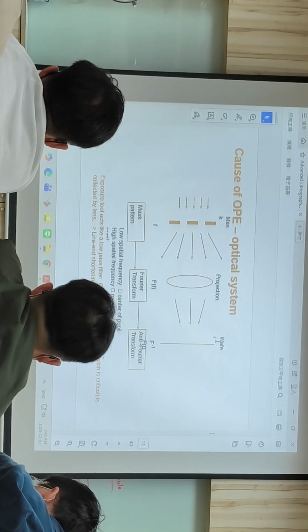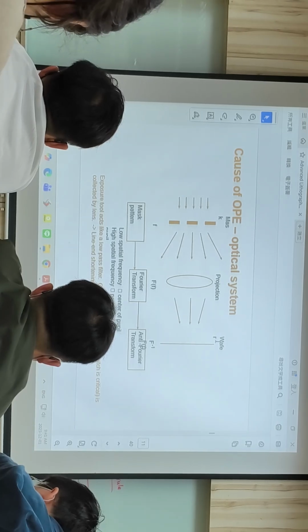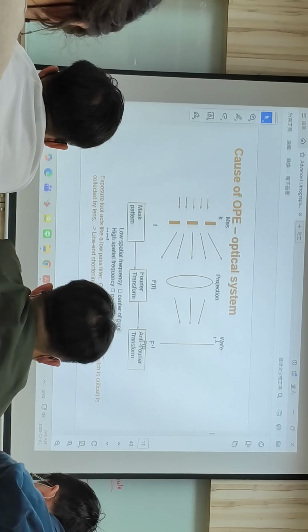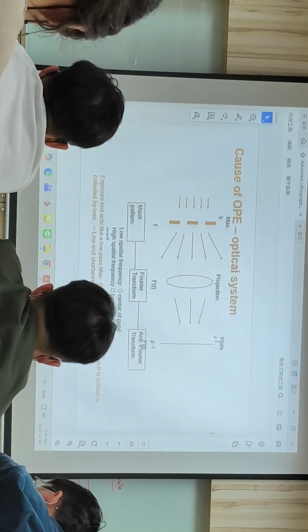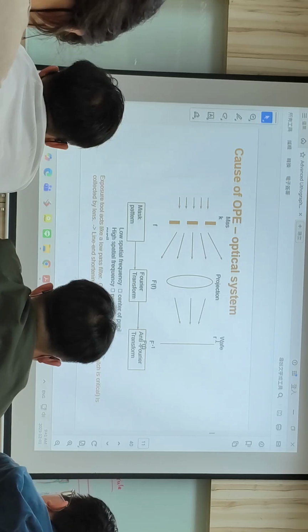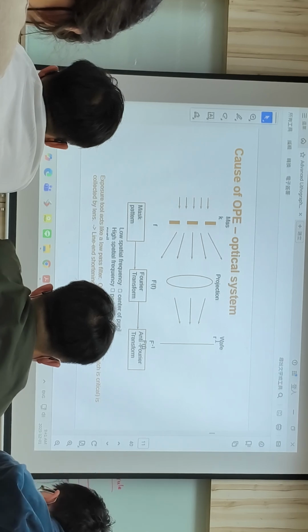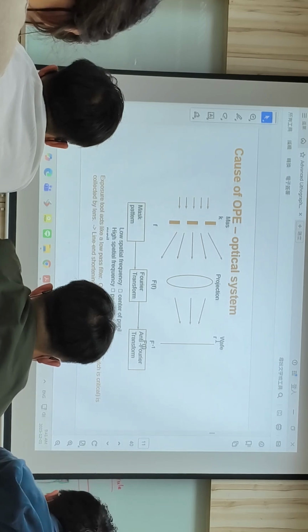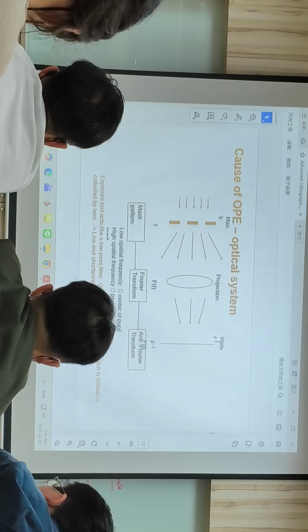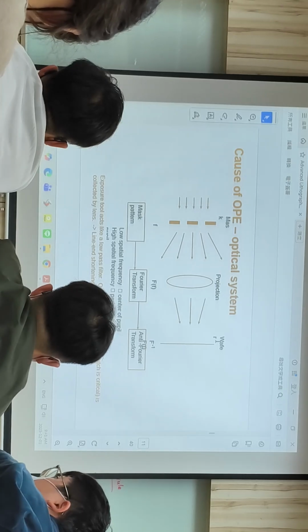And if you are missing not just plus 10, but everything from 2 to 10, then you won't be able to construct the image with high fidelity. So the main reason is this: we're missing high order diffraction patterns.